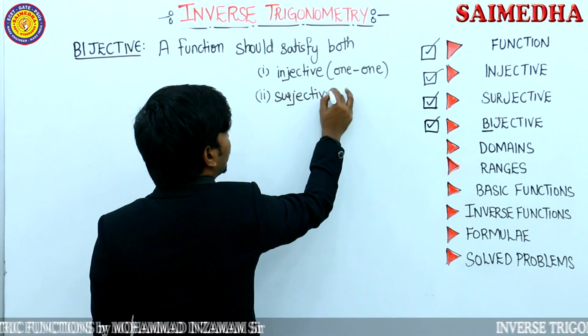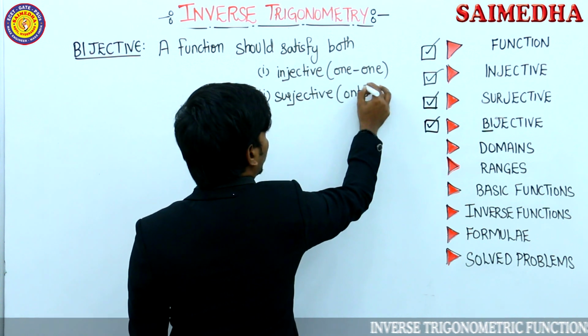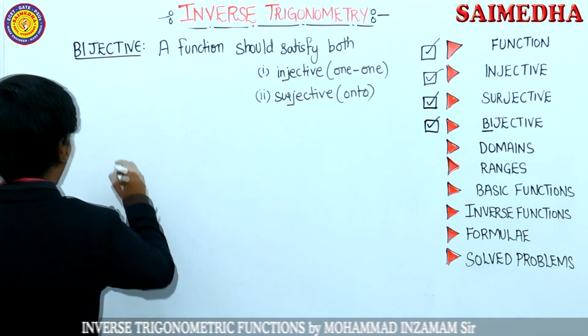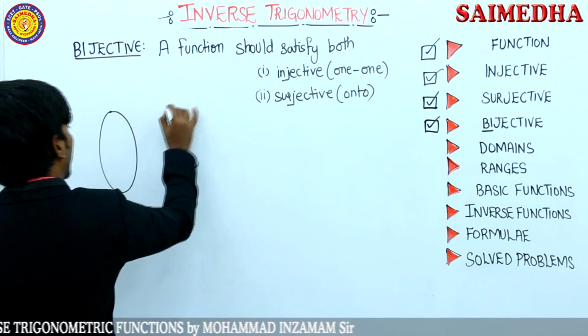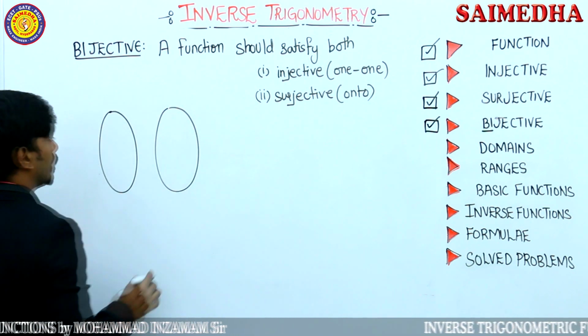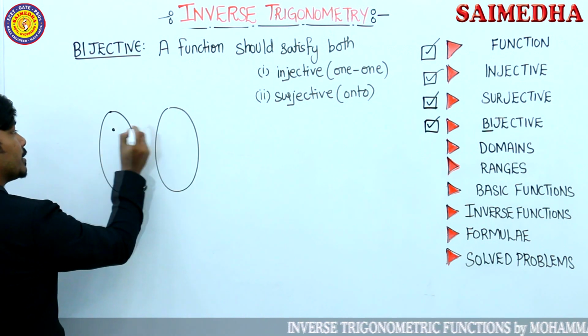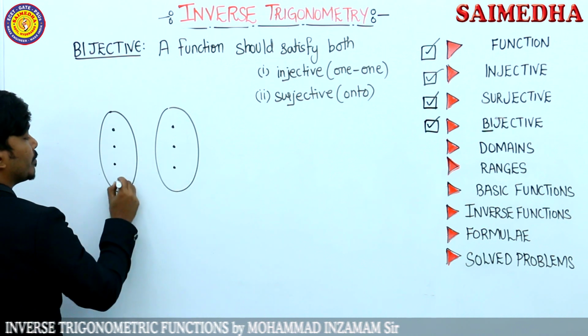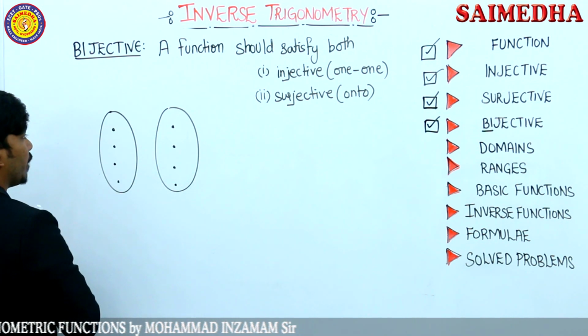What is the meaning of surjective, guys? Onto condition. That means all the elements of B must be mapped with elements in A. If you want to understand, let's try with a diagram. Suppose these are four elements given here. First of all, let's draw the one-one function.